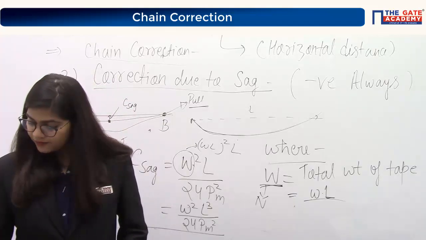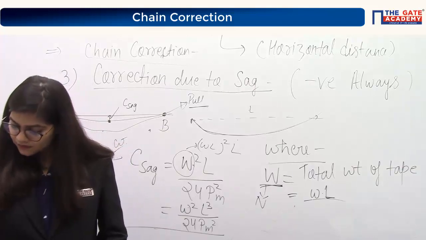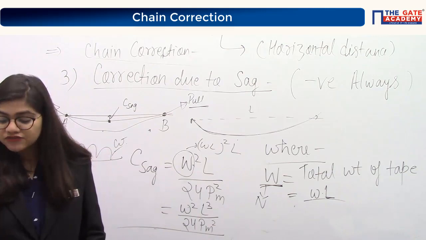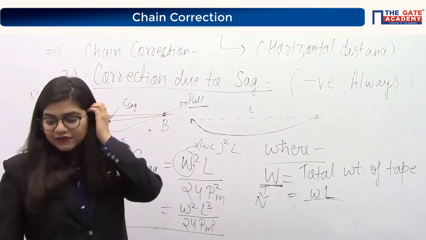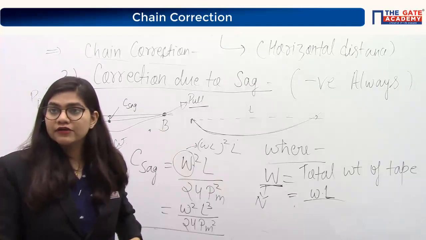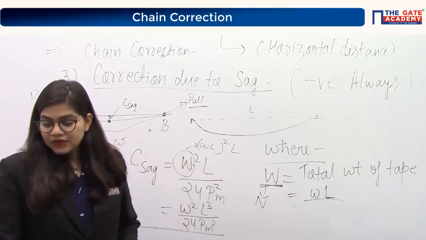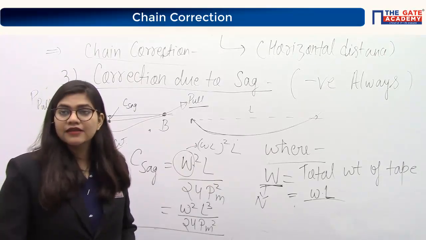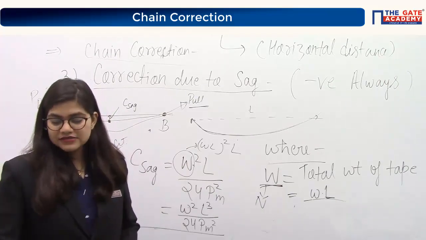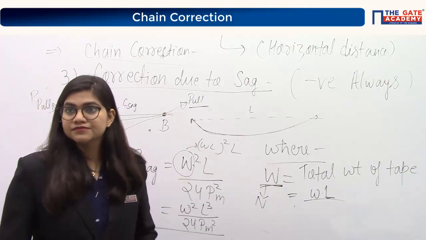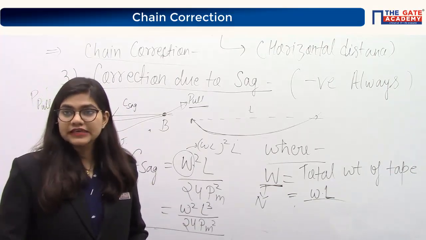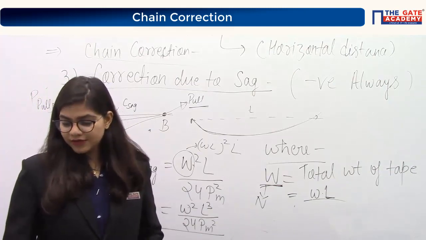Standard pull is 20 kg. The difference in elevation of two ends of the tape was 2.5 meter. The elevation of the baseline above the mean sea level (MSL) is 1000 meter and the radius of Earth is 6400 kilometer.